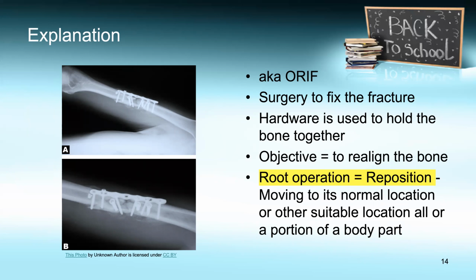Up next, we have a percutaneous transluminal coronary angioplasty, or PTCA. So what does that mean? What is the objective and what is the root operation? And this is a case where, in addition to your medical terminology, it might help for you to do a little bit of internet research, use your search engine to figure out what exactly a PTCA is, because you kind of need to figure that out.